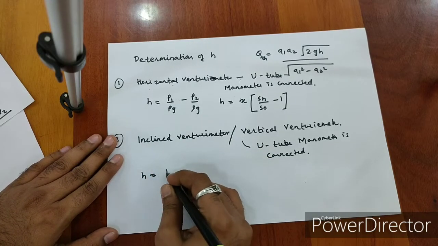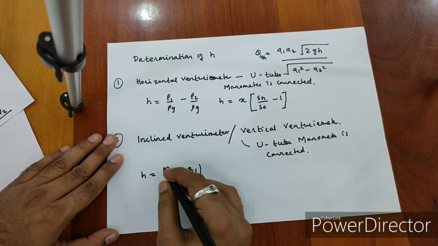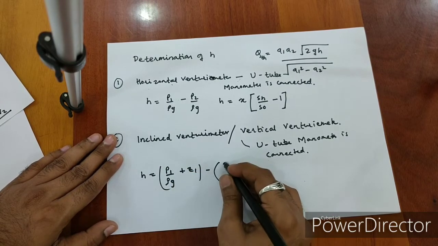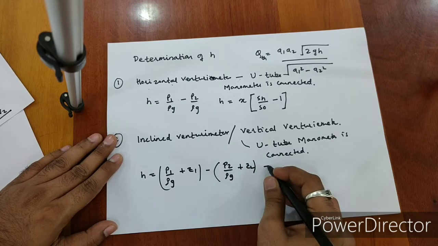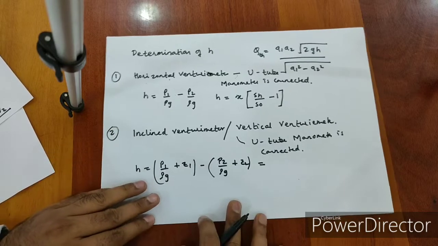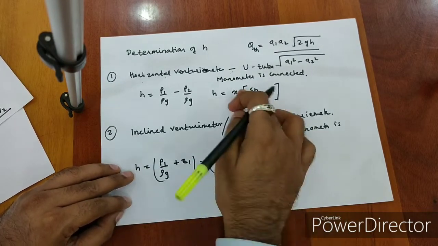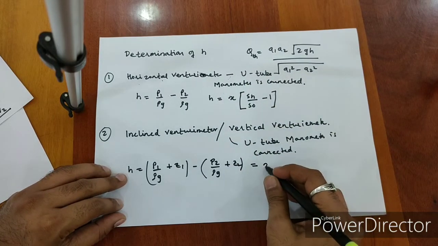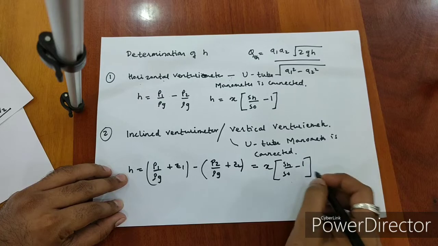H is equal to P1 by rho g plus Z1 minus P2 by rho g plus Z2. The relation between H and X will be the same as indicated here: X SH by SO minus 1.